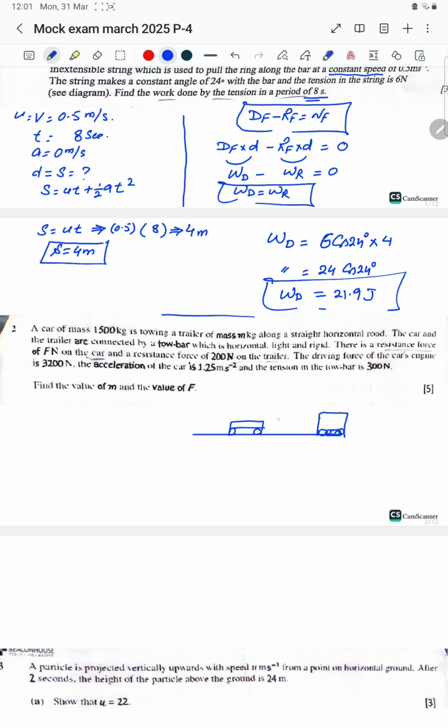The car and trailer are connected by a tow bar, which is horizontal, light and rigid. This is a tow bar with tension; the tension in the tow bar is the same here and here. T1 and T2 will be the same, T1 equal to T2, because it is rigid.